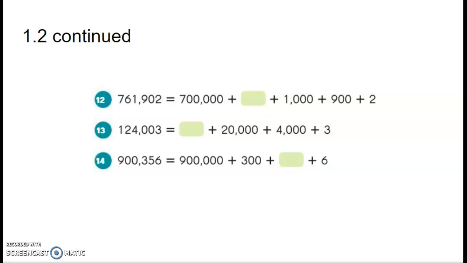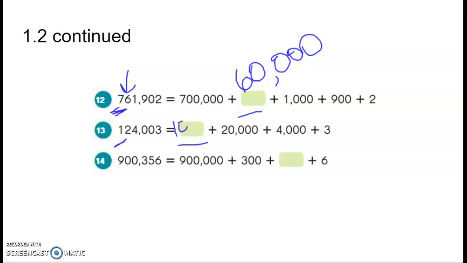So if we're looking for what's missing, well, I know I have that 7. Looks like I'm missing the next digit, which is the 6. So what's the value of the 6? I have 4 places after it. Or I can say 1 place, a comma, and then the 3 zeros after. So 60,000, then the 1,902. This next one, we're missing the very first digit, and the 1 in that first spot is worth 100,000.